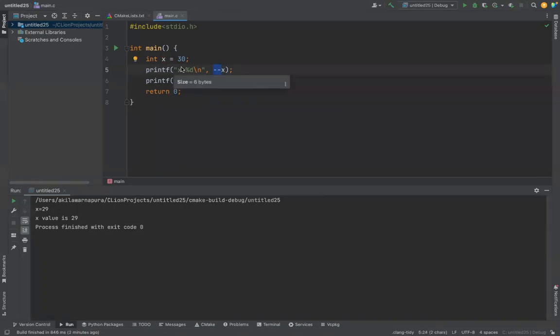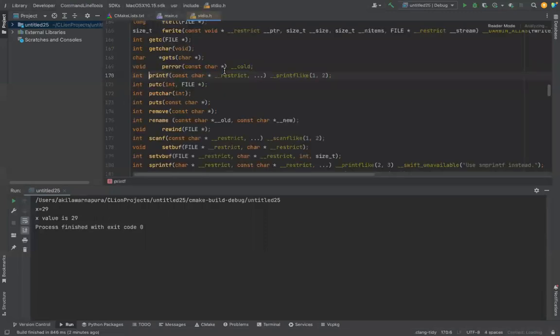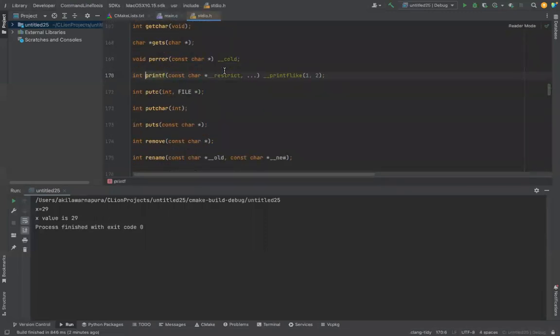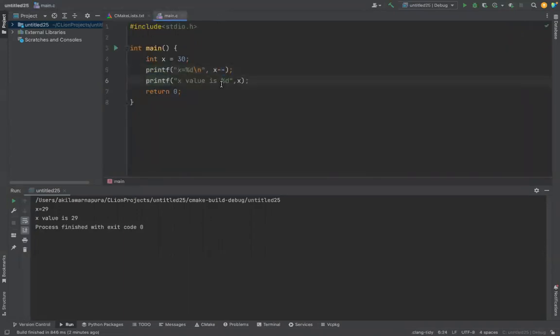After that, you can put the value. Postfix means whether decrement or increment, you have to assign the value to the d before you do the decrement or increment. Okay, that is the difference between the prefix and the postfix operator.